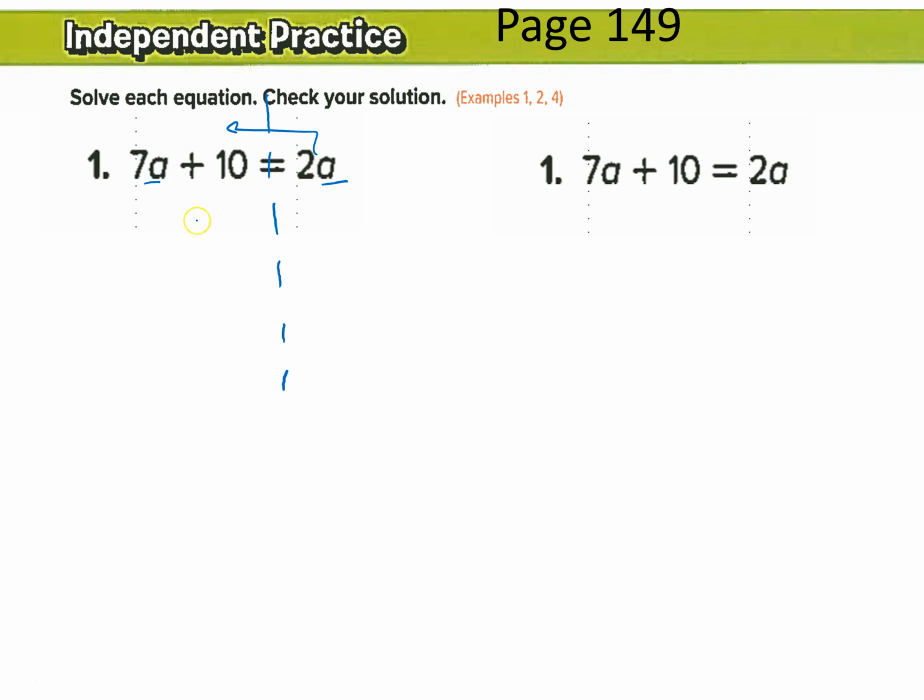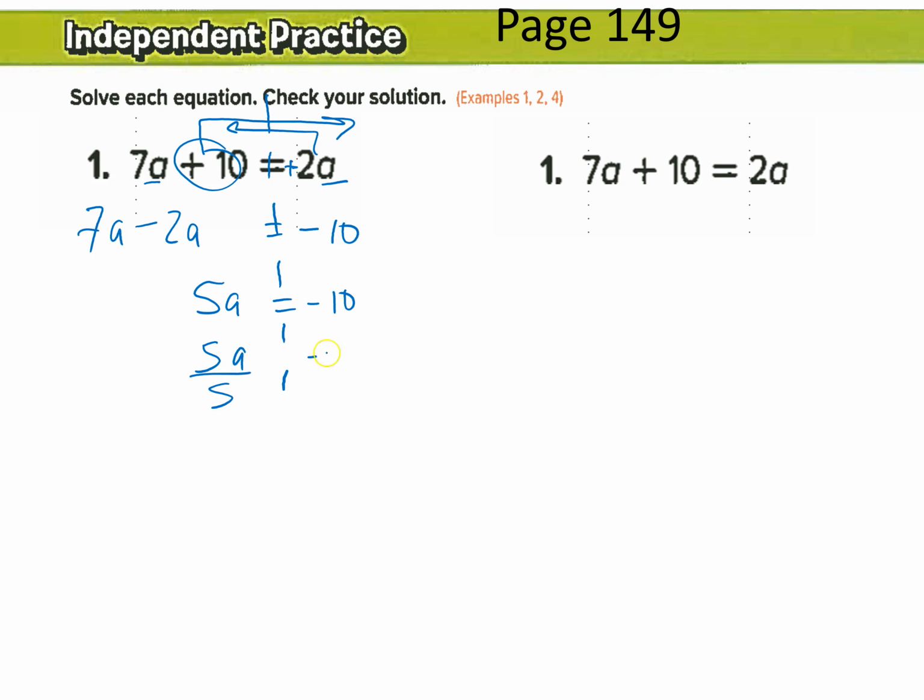So I take my plus 2a and it becomes a minus 2a, and when I take my plus 10 over here, it becomes a minus 10. 7 minus 2 is 5a equals negative 10. I'm going to divide both sides by 5.